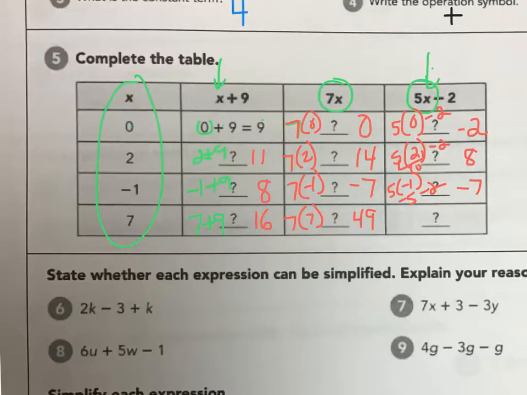Negative 5 and a negative 2. And then 5 times 7 is 35, minus 2, 33. So those would be your answers for that.